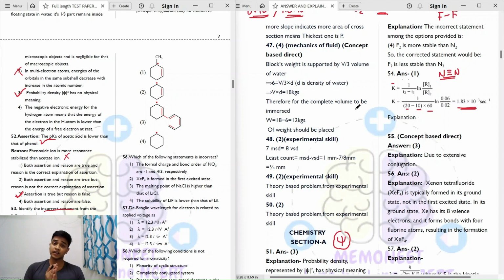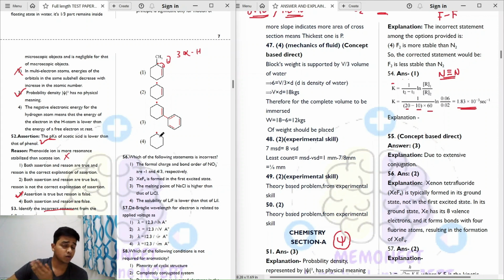Also, a free radical can be stabilized by hyperconjugation as well, but mostly it will be stabilized by delocalization. Here we have hyperconjugation from 3 alpha hydrogens as well as delocalization due to this double bond. In option 2, in molecule 2, we have delocalization due to a double bond.